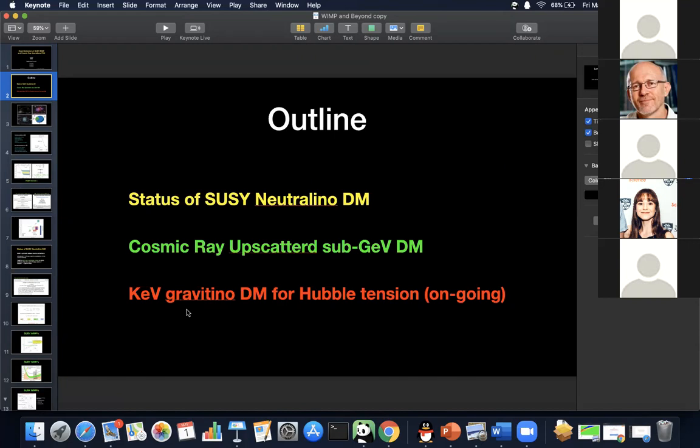The first part is about the status of SUSY neutralino dark matter. I think most of us are very familiar with this topic.